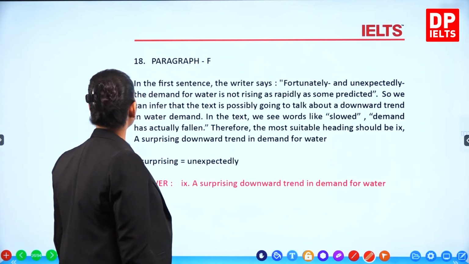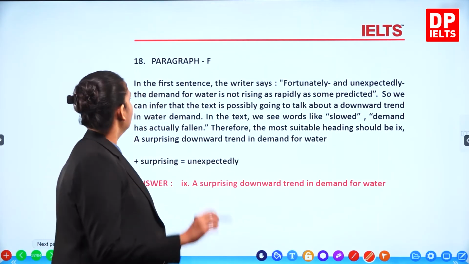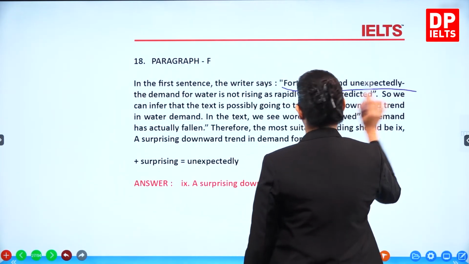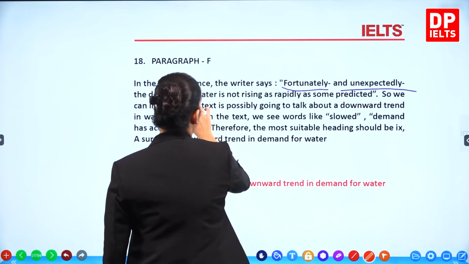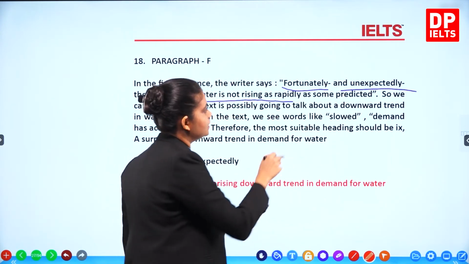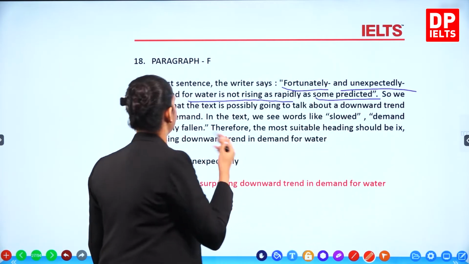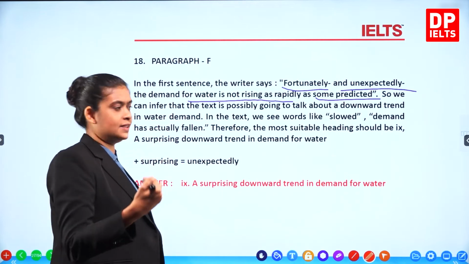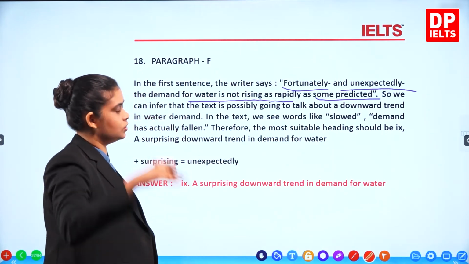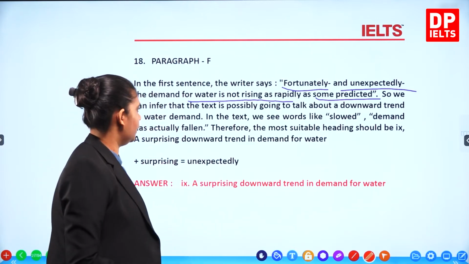Right. Moving on to question number 18, paragraph F. Now, in the first sentence, the writer says, fortunately and unexpectedly, the demand for water is not rising as rapidly as some predicted. So we can kind of understand that the text is possibly going to talk about the downward trend in water demand, okay?